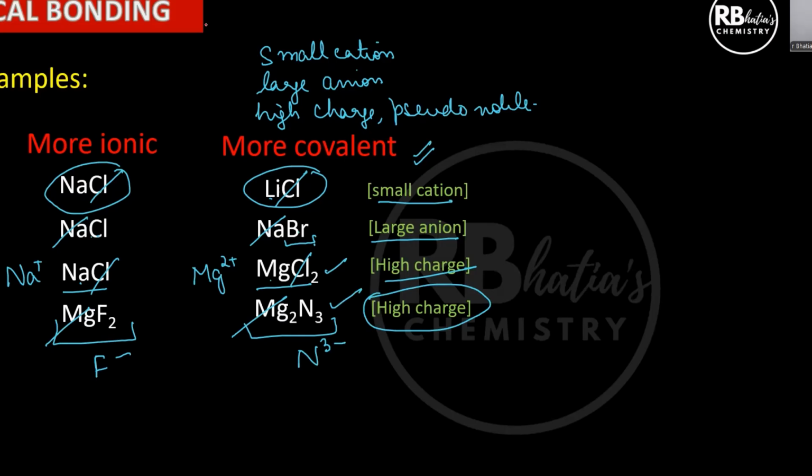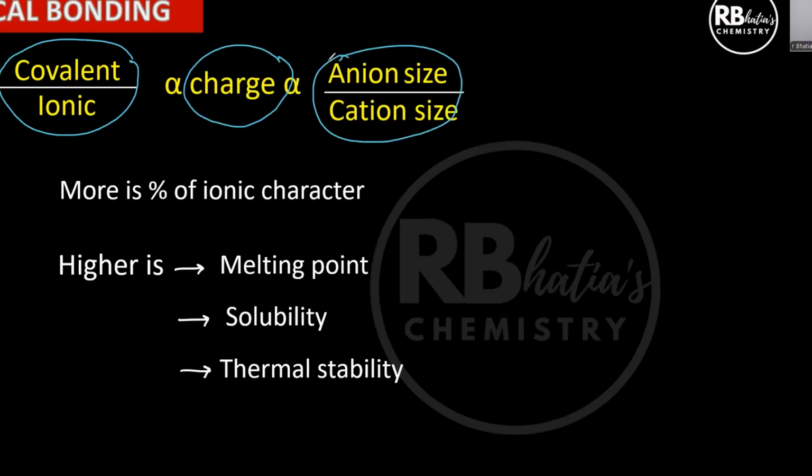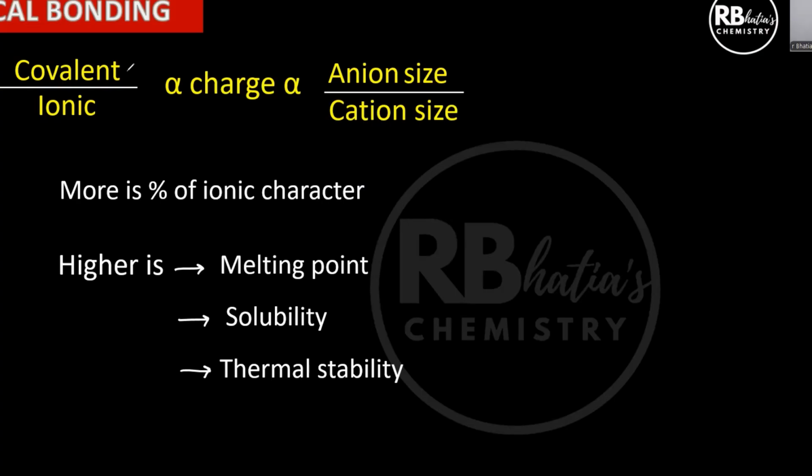Now, if I just summarize what we have talked about, covalent upon ionic is directly proportional to charge and proportional to anion to cation size. How do you read this? This is like an outcome, a summary, a memory aid. Covalent character is directly proportional to charge, both the charge on the cation as well as the charge on the anion, which means large cationic charge and large anionic charge means more covalent character.